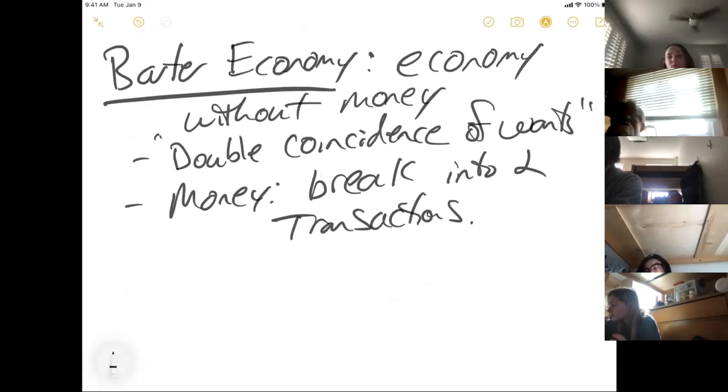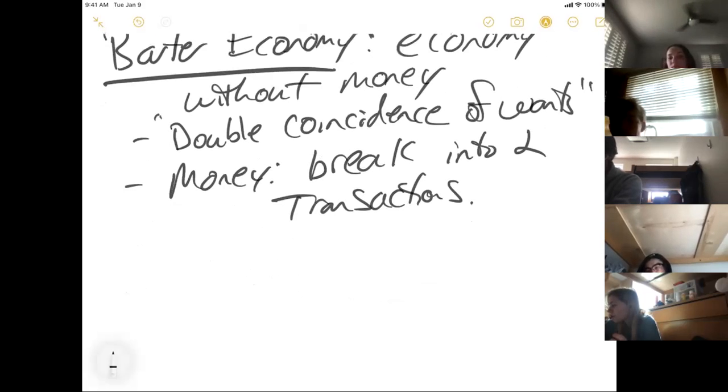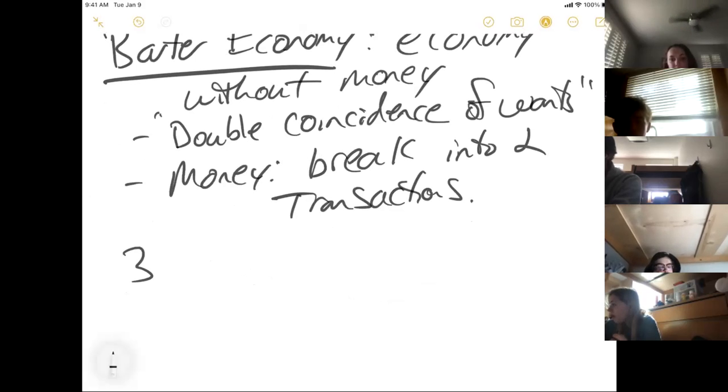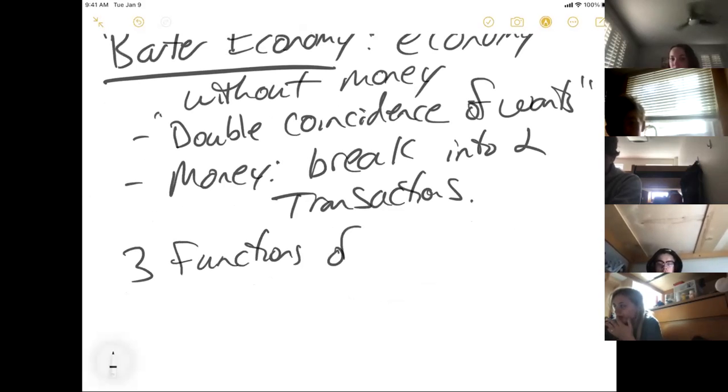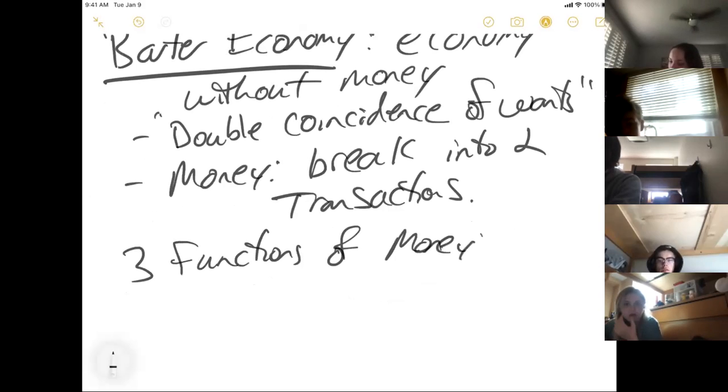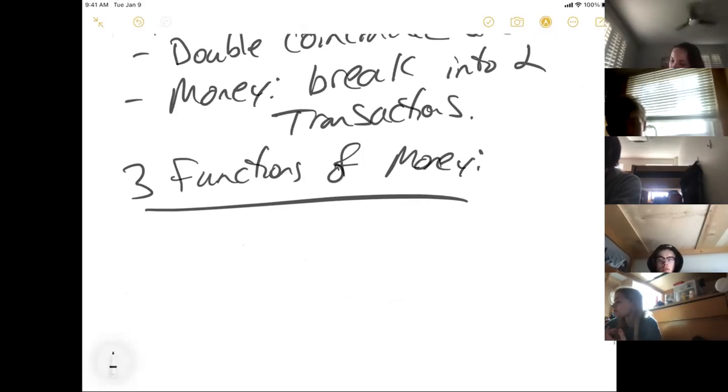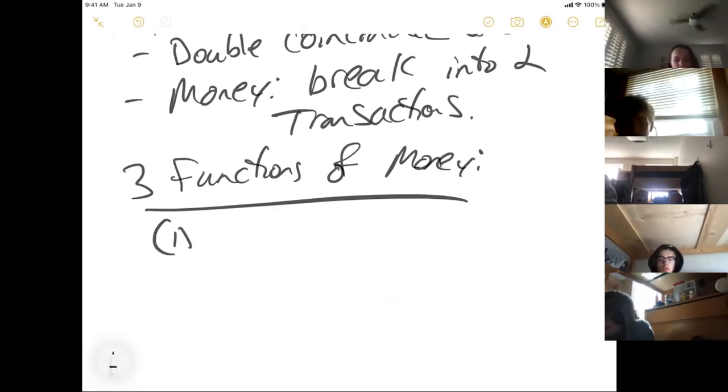Why is money so popular, right? Well, really, money serves three functions. There's three reasons why money is so ubiquitous. The first is, I think, maybe the function that we've already hit on, that money is a medium of exchange.